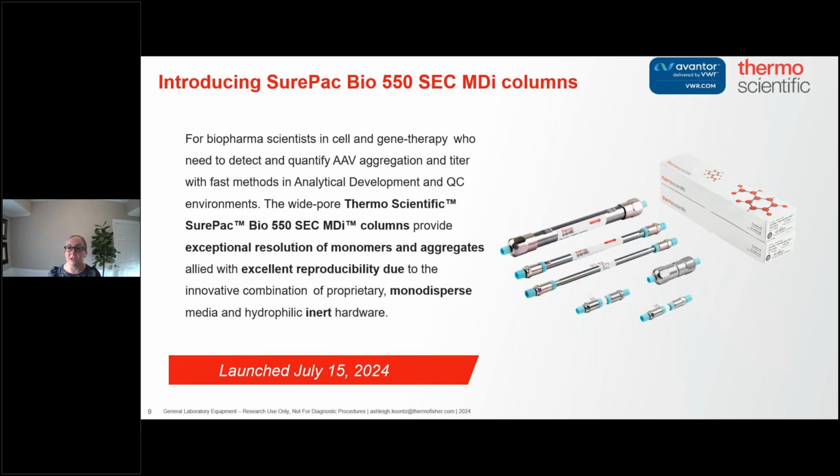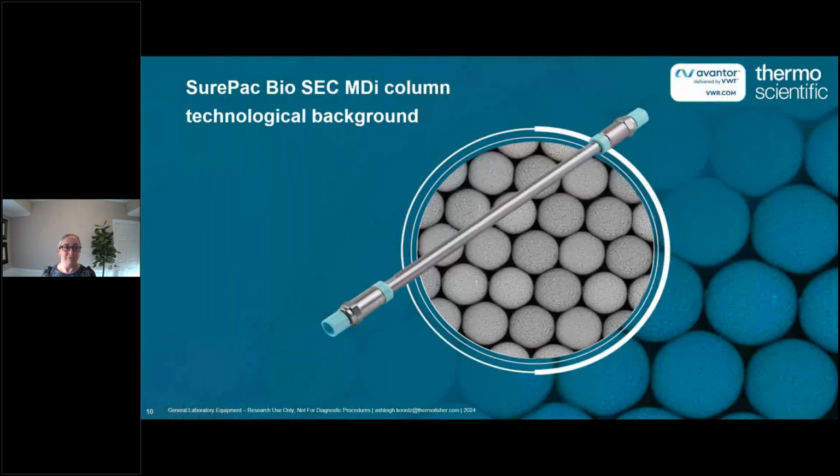This product was launched on July 15th, and to give you an idea of what that looks like, I think this picture really demonstrates the innovation here, as the monodisperse particle is quite unique and a solution we're really excited to be able to offer to our customers.